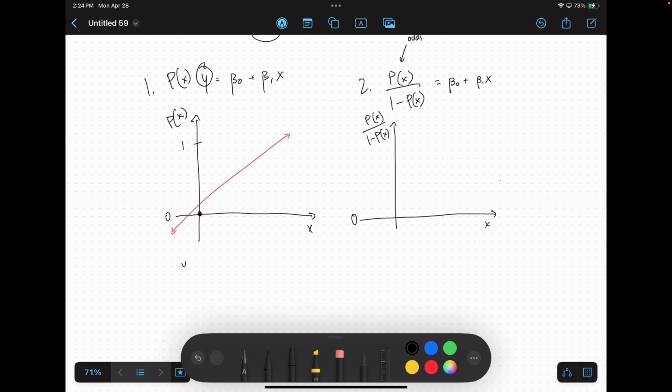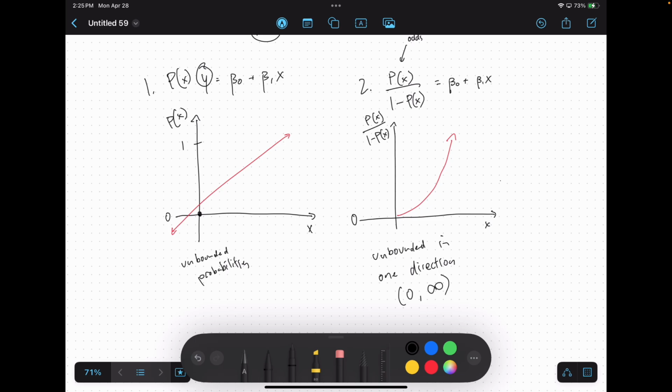So this is unbounded probabilities here. And then this is going to be something like this. And this is unbounded in one direction. So 0 to infinity. This actually looks like a, well, actually, let me get to that in a second.